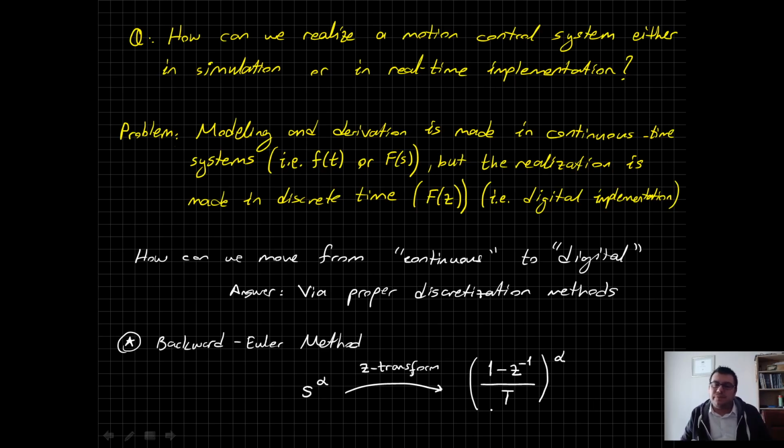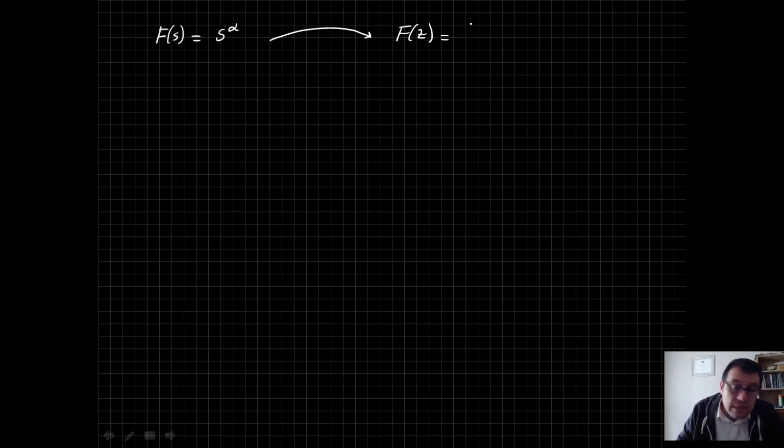So what's this? s to the alpha is being mapped to (1 minus z to the minus 1) over T, to the alpha. Let's put more focus on this. Here your function f of s is given as s to the power alpha, which is being transferred to the Z domain as f of z, that's the digital controller side, expressed as (1 minus z to the minus 1) over T to the power alpha. And here some notes come naturally.